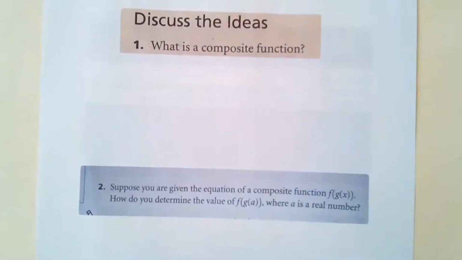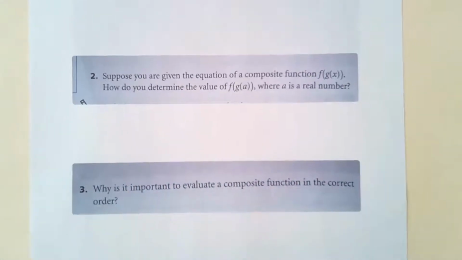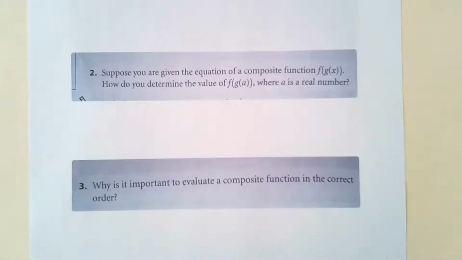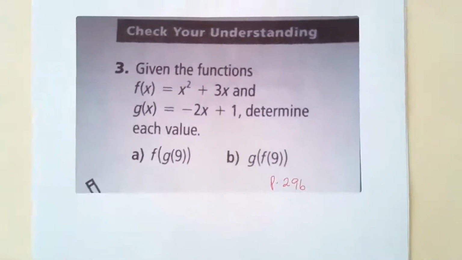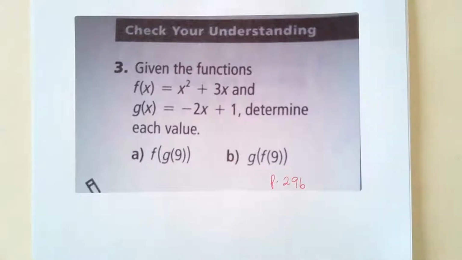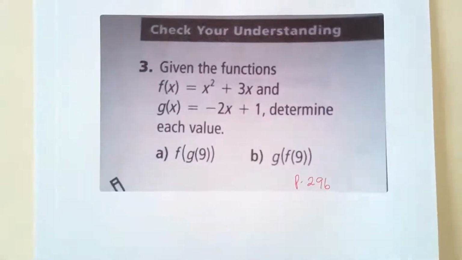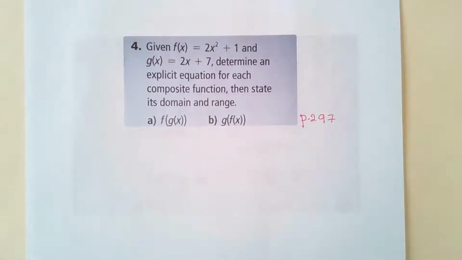Then we'll look at what is a composite function, three main questions here regarding composite functions. After that, we'll look at a couple of check your understanding questions. This is from your textbook, page 296. Then we look at the second check your understanding question on page 297.